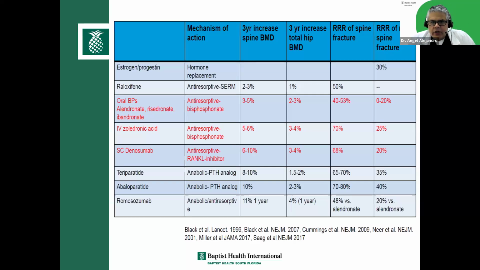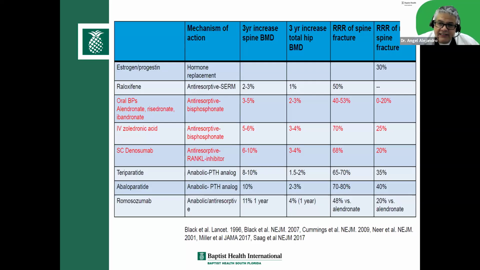This is a very busy chart, but this is just to show you how effective anti-resorptive therapy is. So those are highlighted in red. So you have your oral bisphosphonates, your alendronate, risedronate, and ibandronate, and you see a clear 40 to 53% reduction in vertebral fractures. What's interesting, if you look at the right side where it says relative risk reduction of non-spine fractures, that's basically hip fractures.